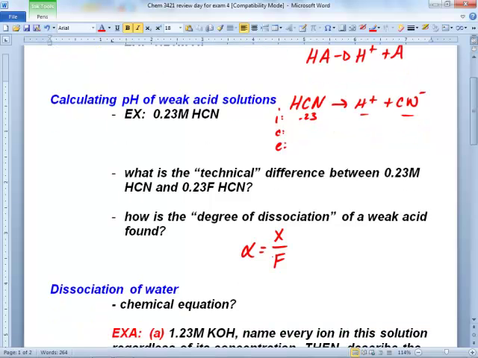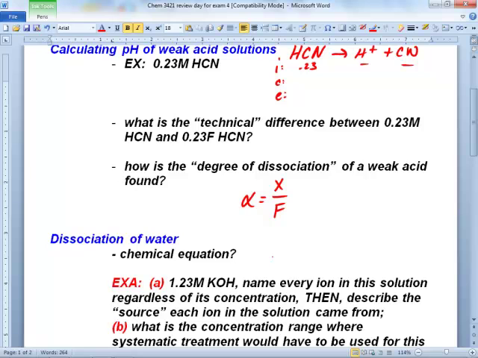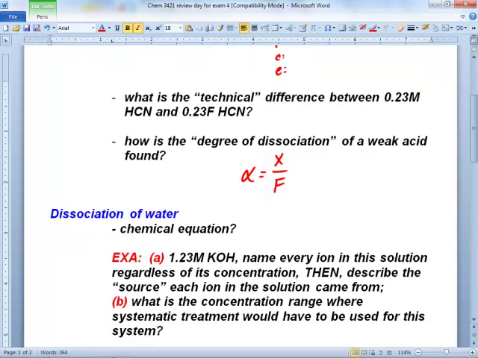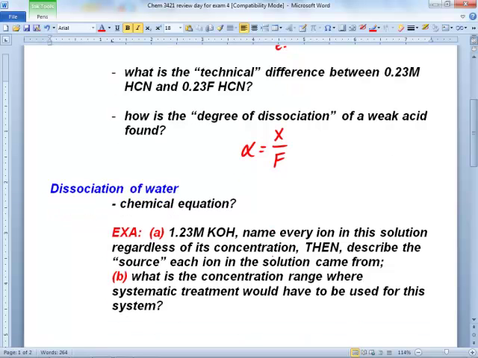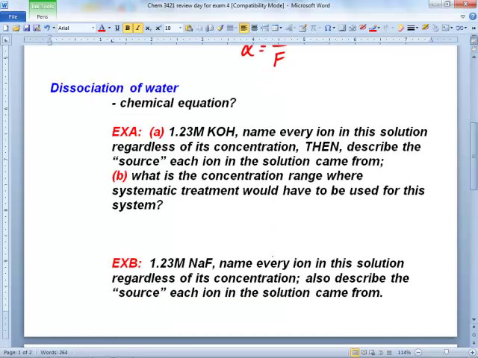Okay. Then the book kind of moved into, so we did some dissociation of weak acids, and just remember what Pablo said there. Dissociation of water. Jeff, what's the equation? What's the reaction when they talk about dissociation of water?